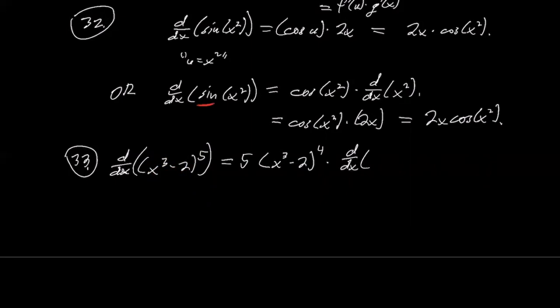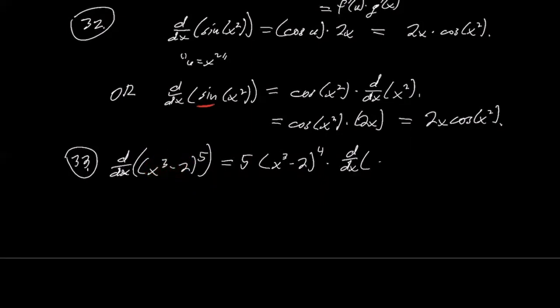The inside is this x cubed minus 2, right? So we reveal it now, and that's what we're going to differentiate. And so that's just times 3x squared. So that's 5 times x cubed minus 2 to the 4th power times 3x squared.